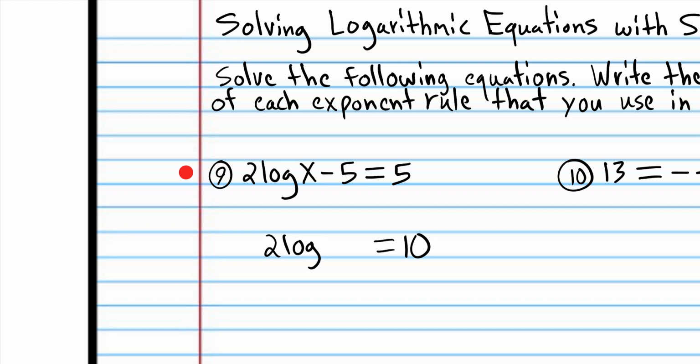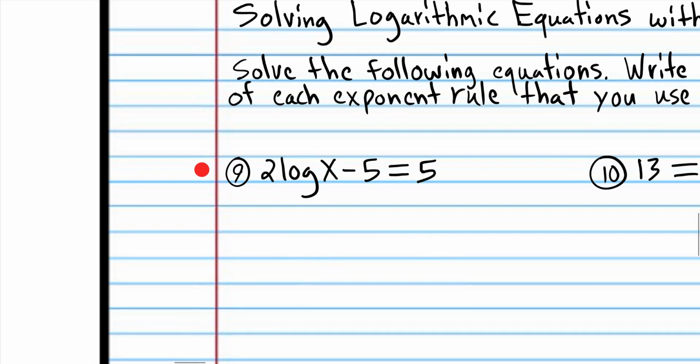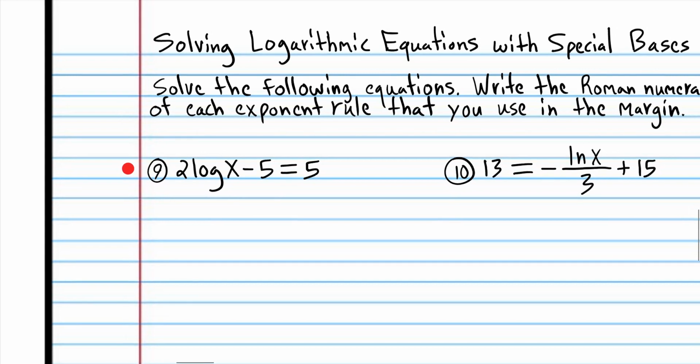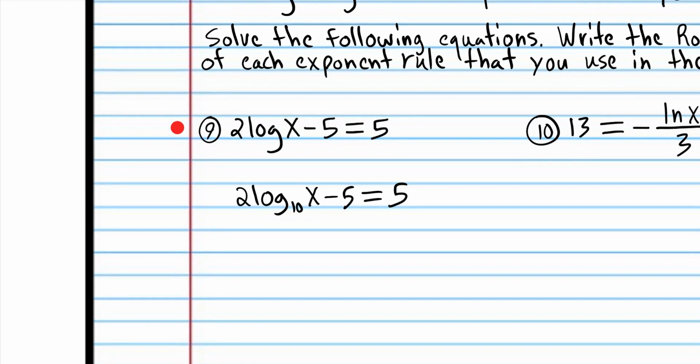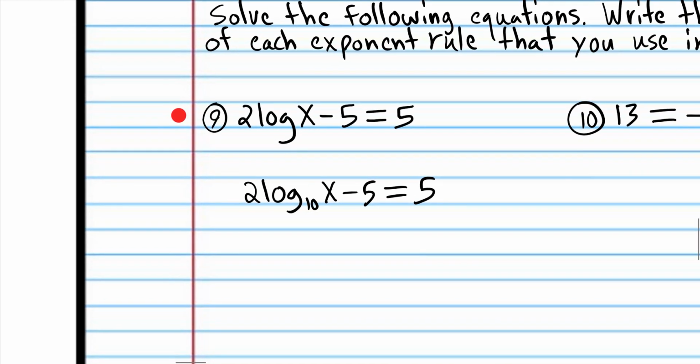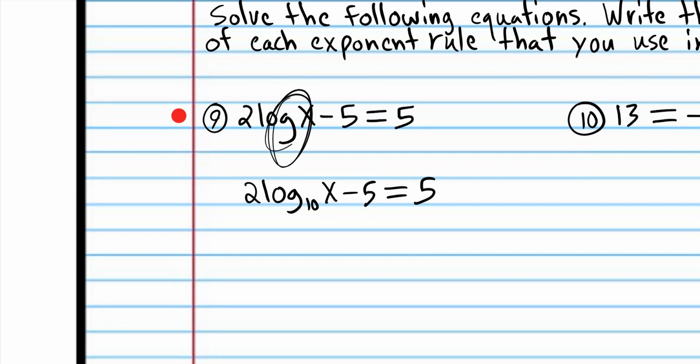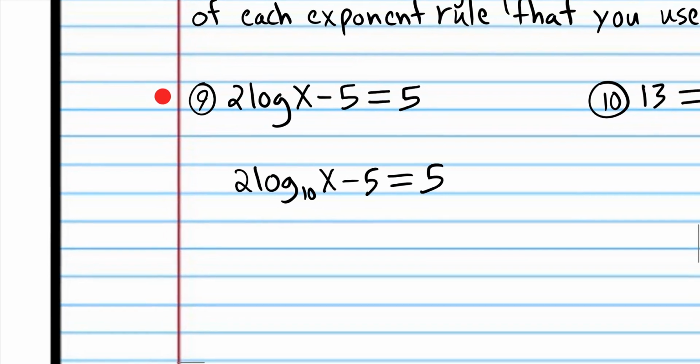And actually, before we do that, these logarithms have special bases. So before we do anything, I'm going to write it as log base 10 of x. You don't have to do that, but it helps us see what the base is. Because there's no base here, it has to be base 10. Remember, base 10 is written without the 10.